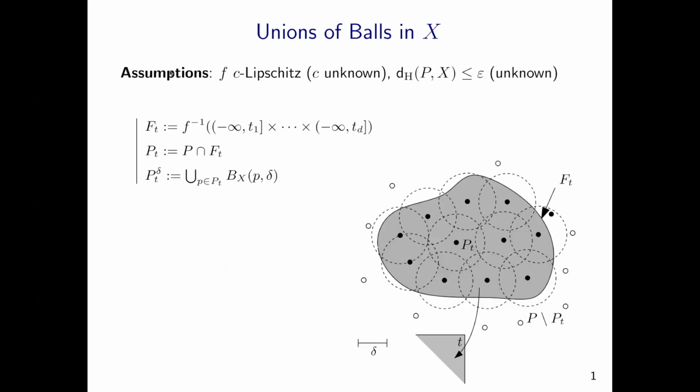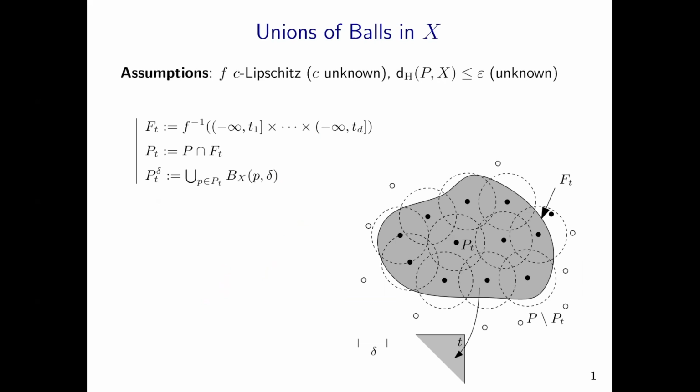So I get this filtration. Just to set up some notation, F_t will be the t sublevel set of f, where t is an element in R. And then P_t is the trace of that sublevel set on my point cloud.